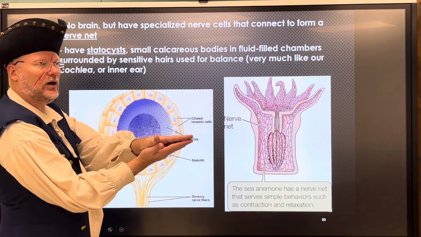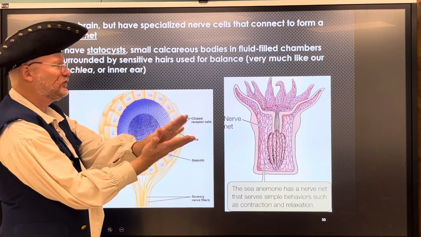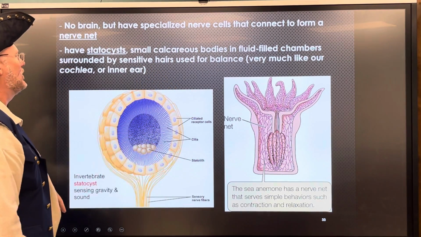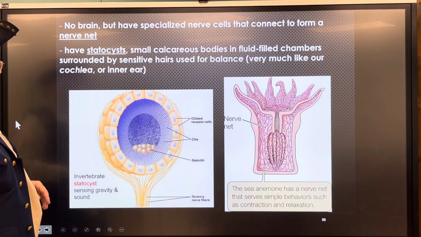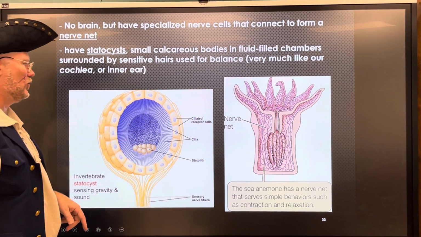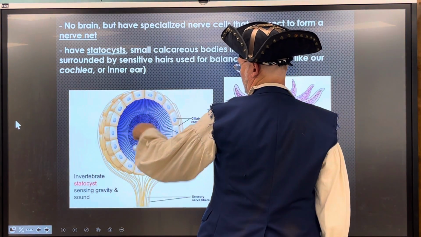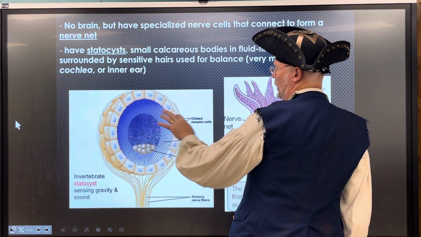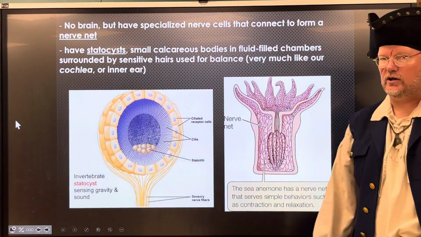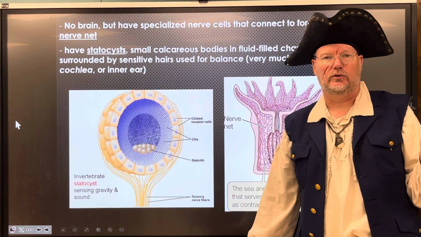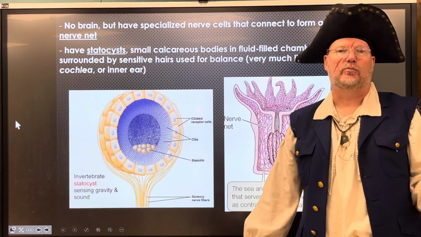You need to right yourself so that your tentacles can be free floating instead of stuck on the bottom. And so that's what they use the statocyst for. And they have these little cilia in there that these rub on. Same thing with our inner ear. That's why when you're laying down, even if your eyes were closed, you would still know that you weren't upright.